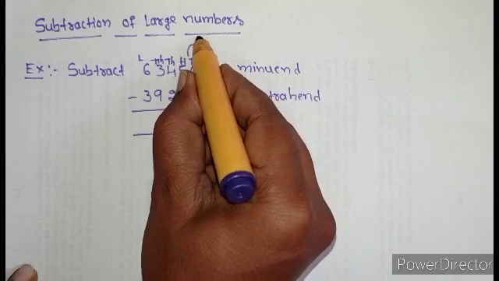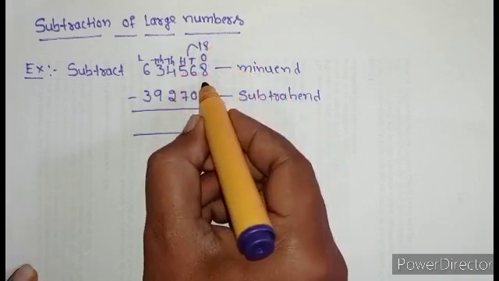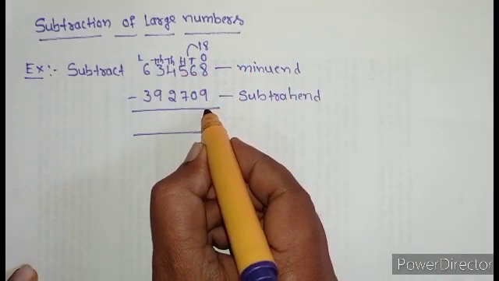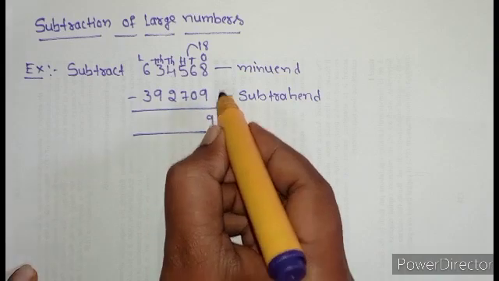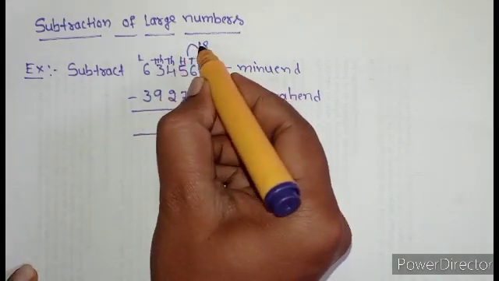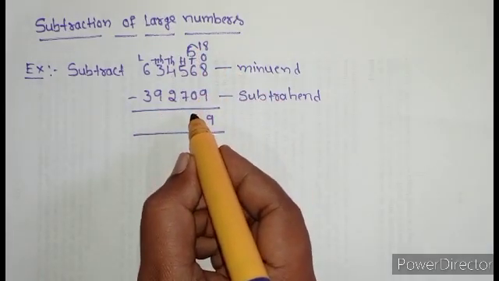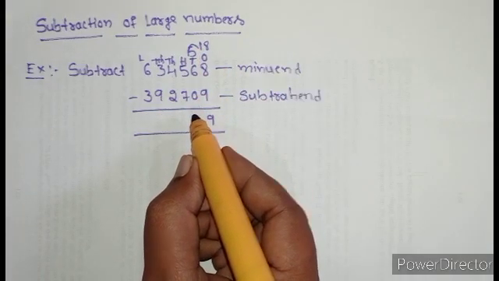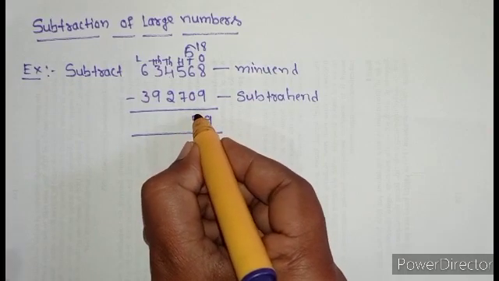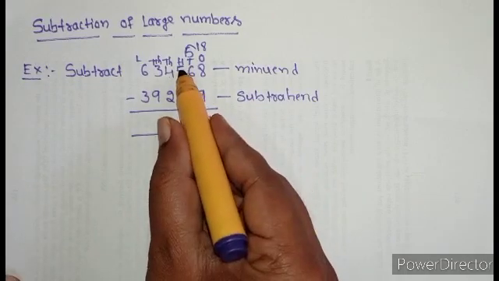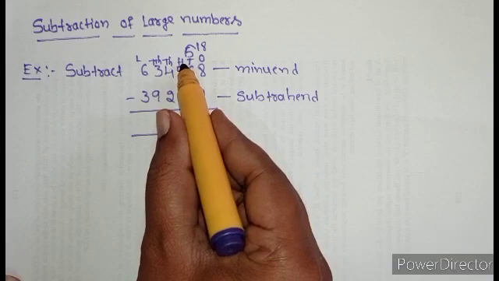Now it will become 18, right? 18 minus 9, how much? 9. Now here 6 will become 5, right? 5 minus 0, how much? 5.